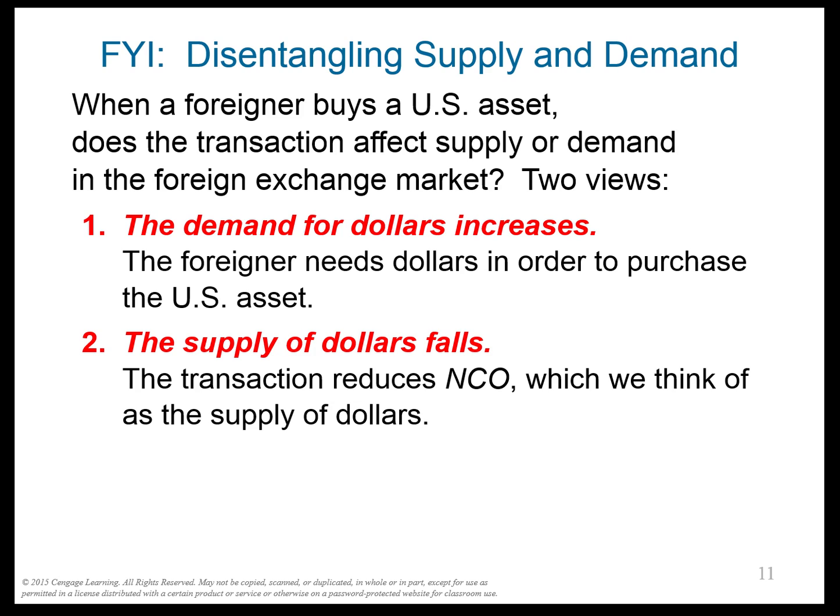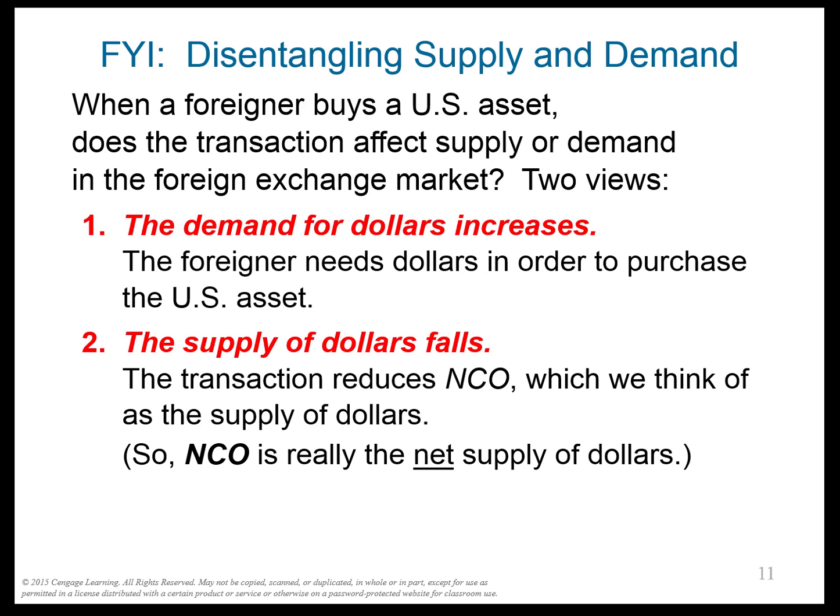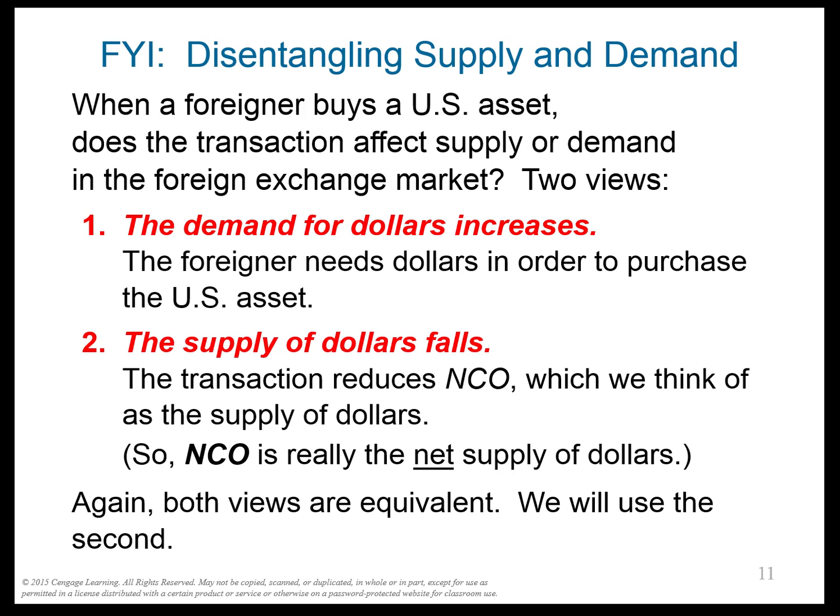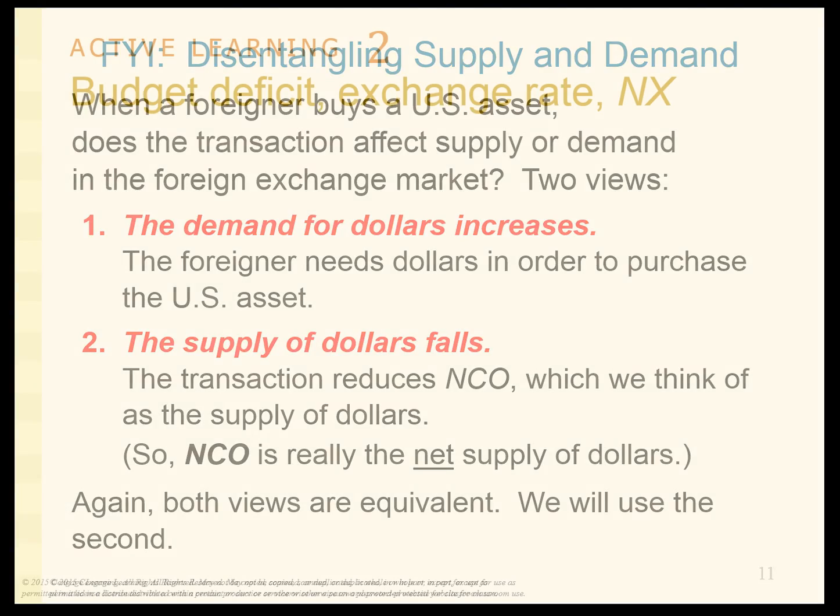Why? Because the foreigner is buying stocks and bonds, sending U.S. dollars back into the United States, and NCO, net capital outflow, is going backwards. So that makes NCO go down, all right? So we'll think of NCO as the net supply of dollars. Both views are equivalent. We're going to use the second when we manipulate this model further.